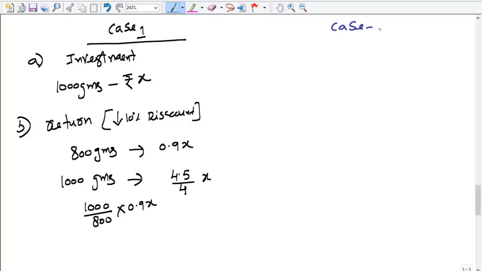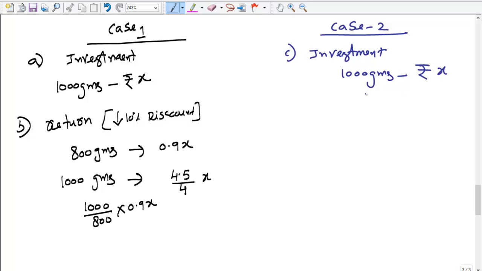That is case number 2. Again here, investment, that is for 1000 grams, the investment is rupees X. However, the return again at a 10% discount should be 0.9x.